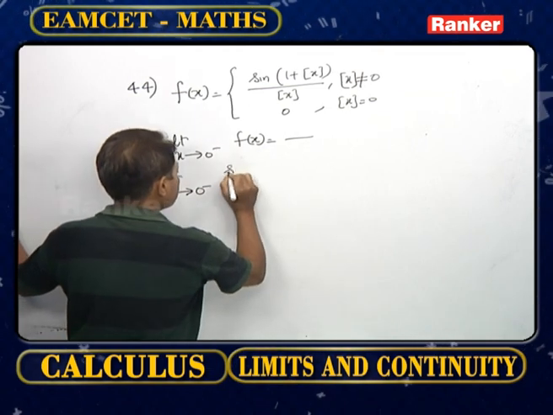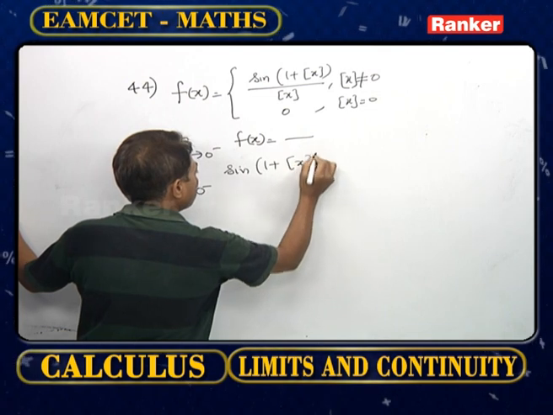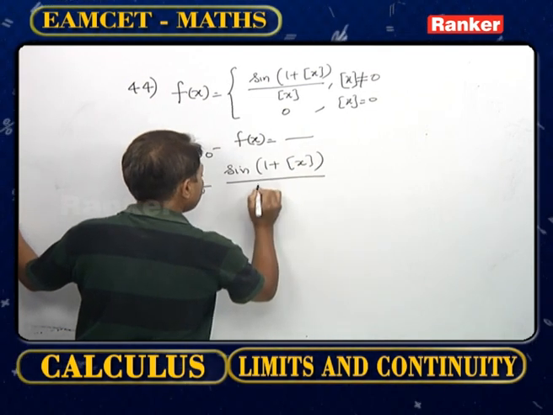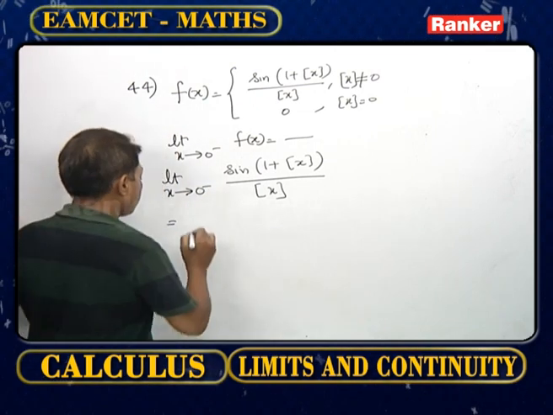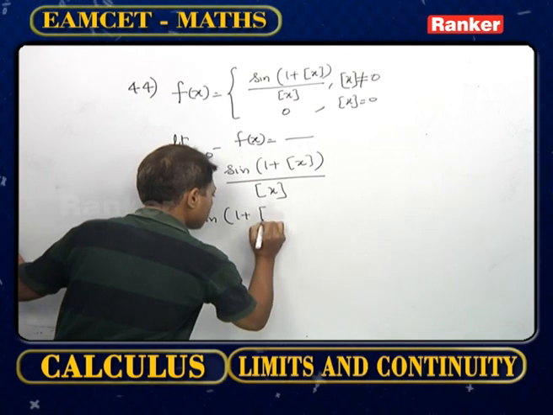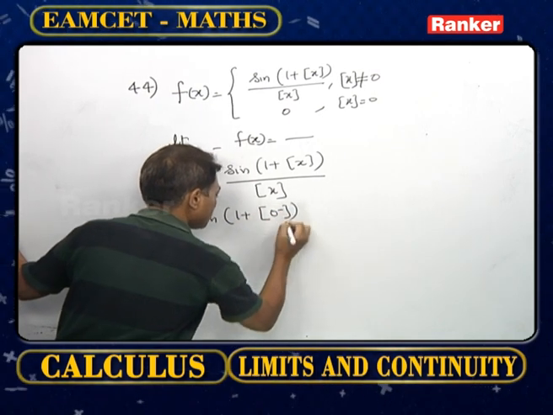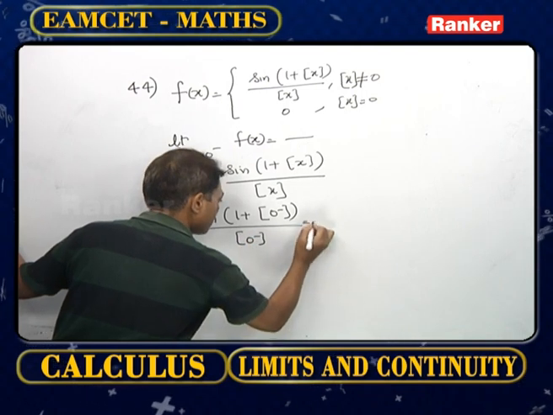Limit x tending to 0 minus, sine of 1 plus floor x by floor of x. If you make use of 0 minus there, sine of 1 plus floor of 0 minus by floor of 0 minus.